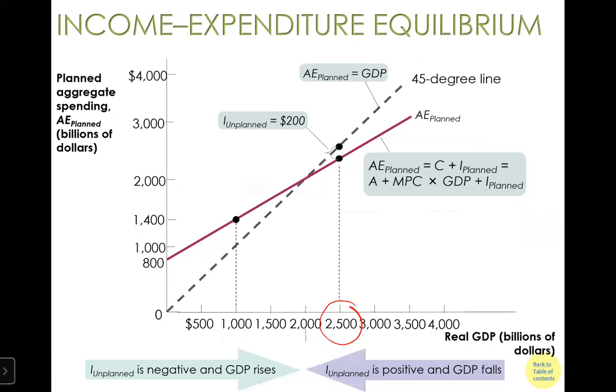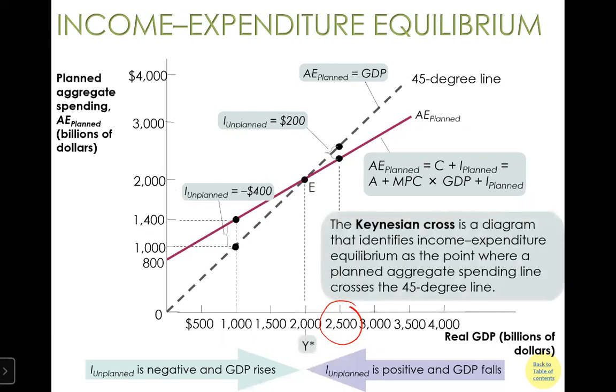On the other hand, if you produce too little and your inventory is not enough to satisfy the demand, your inventory runs low and you have a negative unplanned inventory investment. That's a signal that we haven't produced enough, which gives you an incentive to increase your output, so GDP is going to increase. Until we meet at the middle point, there's going to be no adjustment, and we are in equilibrium. This is the adjustment process.